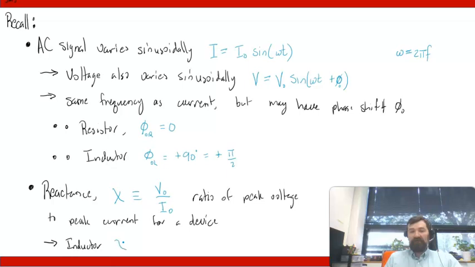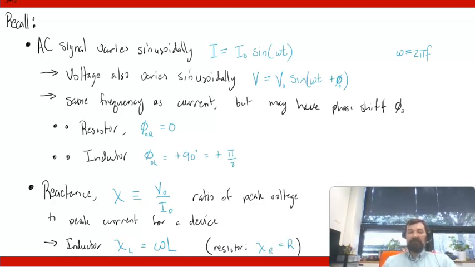For an inductor, this reactance is given by the angular frequency omega times the inductance L. For what it's worth, for a resistor, there's not really any difference between reactance and resistance. Put differently, this means that the ratio between peak voltage and peak current does not depend on frequency if you're just looking at a resistor, and it depends linearly, you could say direct proportionality, on frequency if what you're looking at is an inductor.